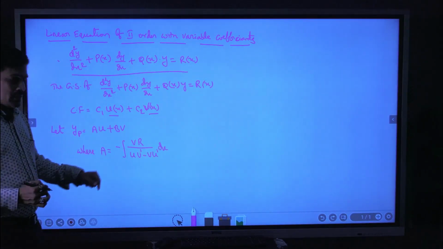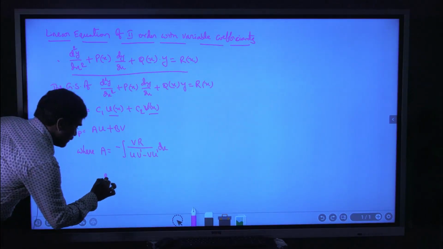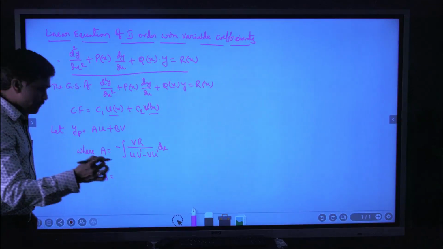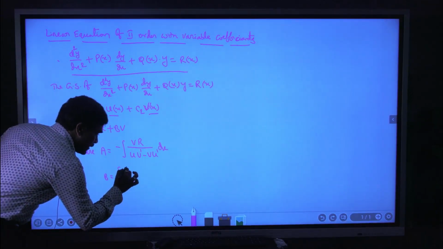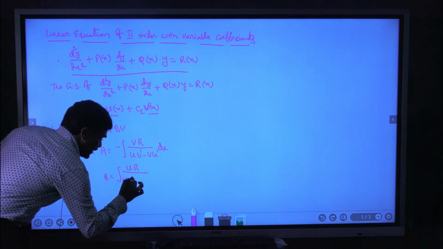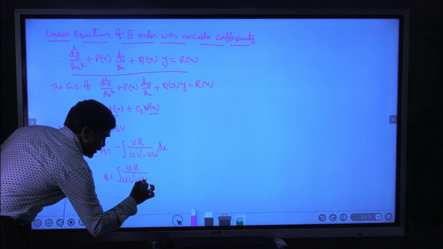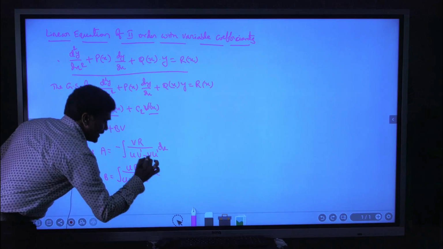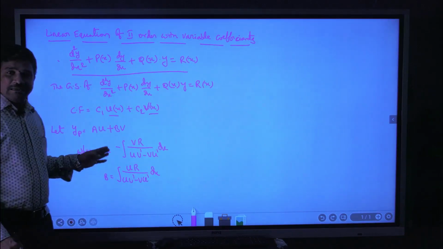This is a. Now b is integral of u r by uv dash minus vu dash into dx. These are a and b.